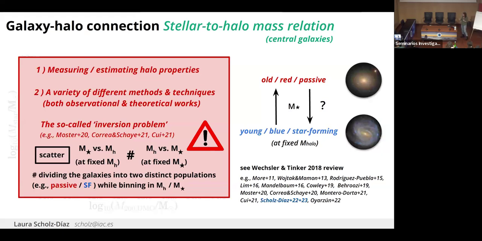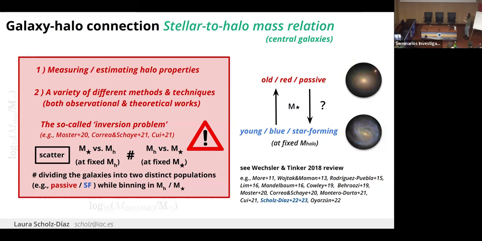And even though there are works that invert the relation, so instead of stellar mass as a function of halo mass, you have halo mass as a function of stellar mass, and then further divide the galaxies into star forming and quiescent, and also bin the galaxies according to the x-axis of the relation, which is different, galaxies can have different statistics in this plane, so it can lead to misleading results.